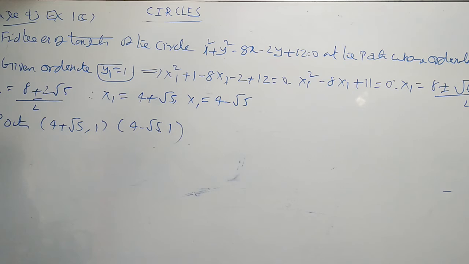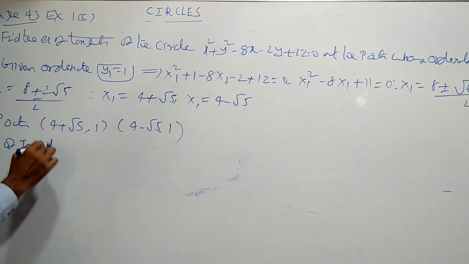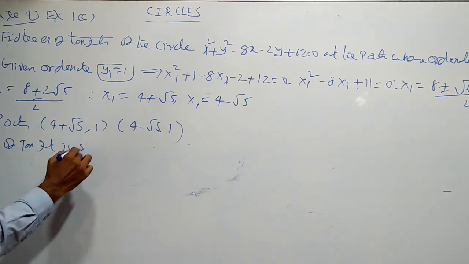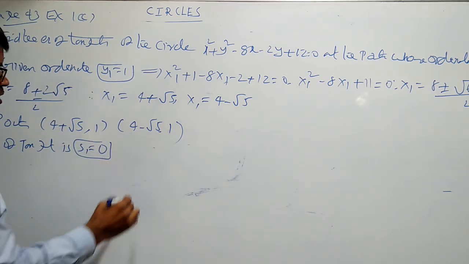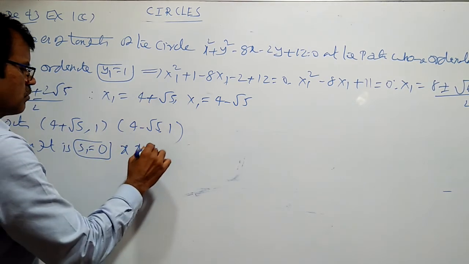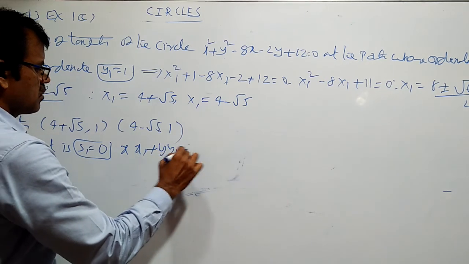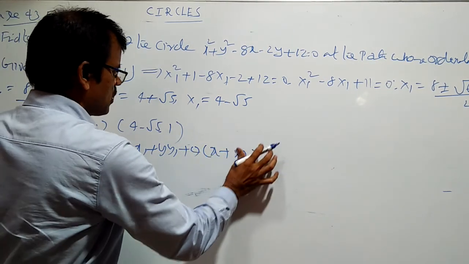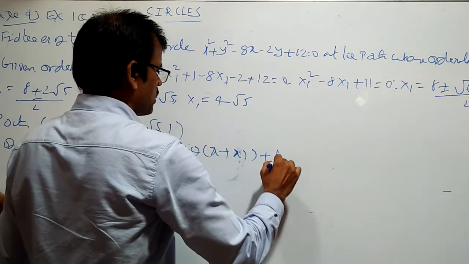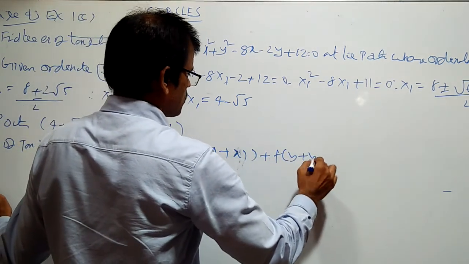Therefore, the equation of tangent, using the formula S1 equal to 0. Once again I am making you remember the notation: xx1 plus yy1 plus g into (x plus x1) plus f into (y plus y1) plus c is equal to 0.